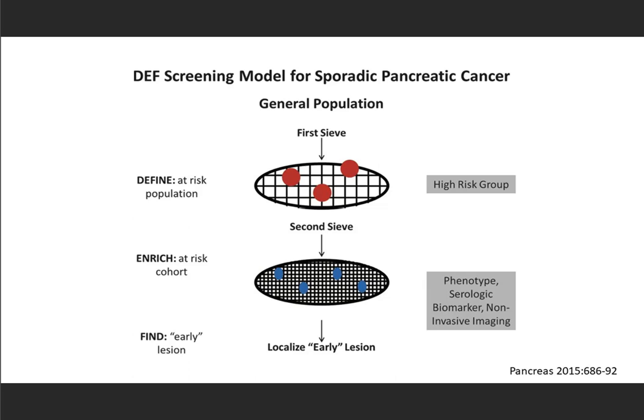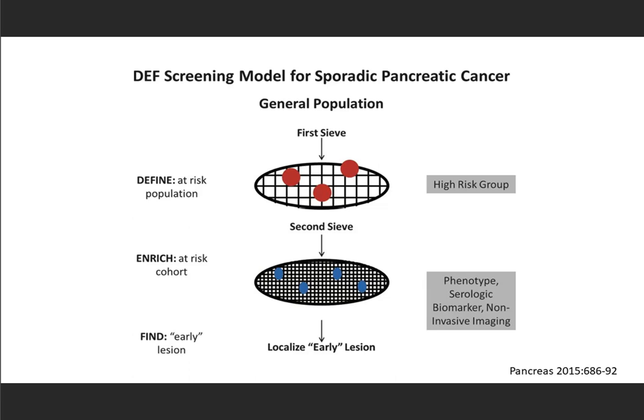So the first part was to say, let's define a higher risk population. In other words, let's develop a system of sieves. Let's take the general population, let's use what we know about risk factors or high risk groups and identify them. Therefore, the prevalence of the cancer will be higher. Furthermore, let's try to further enrich this higher risk population, be it with a blood test or an imaging test.